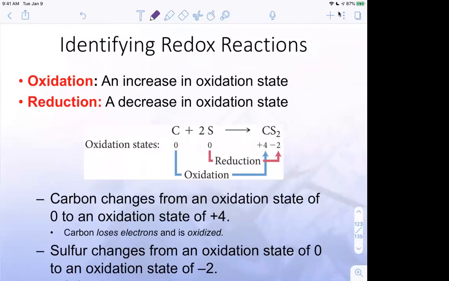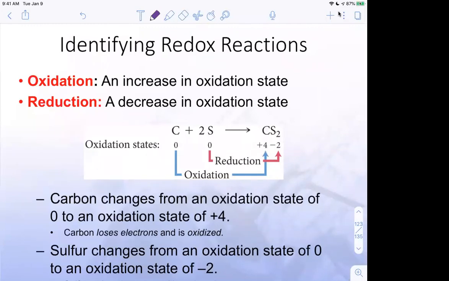So questions on tests might be something like, here's a reaction. Identify which species is being oxidized and which species is being reduced. Also identify which reagent is the reducing reagent or reducing agent and which reagent is the oxidizing agent.